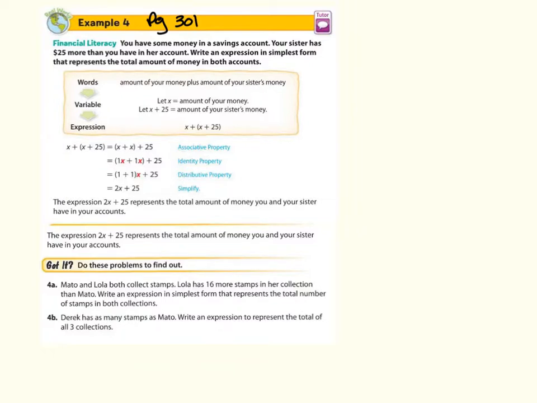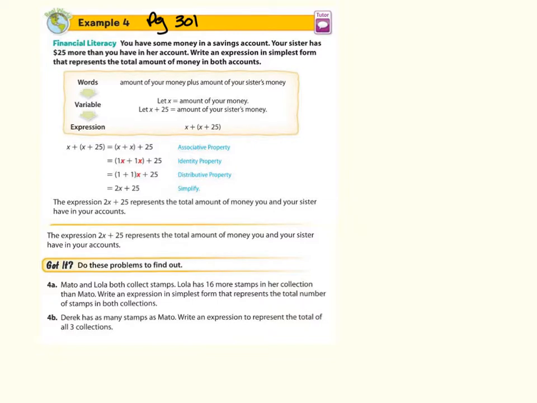Okay, when it comes to writing expressions, it's probably the hardest thing in mathematics, even when dealing with geometry. If you don't have any issues or if you're not struggling with writing expressions, good for you. But usually writing expressions is the most difficult to understand in order to get our brains wrapped around this subject.